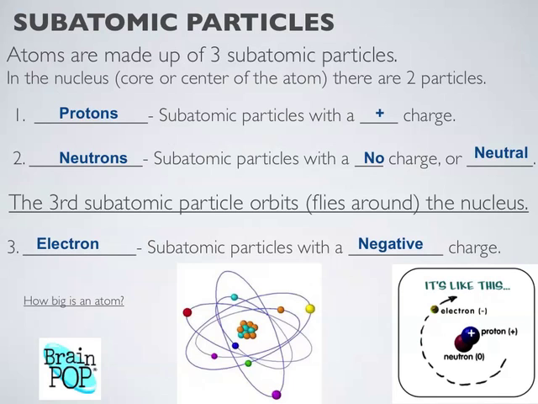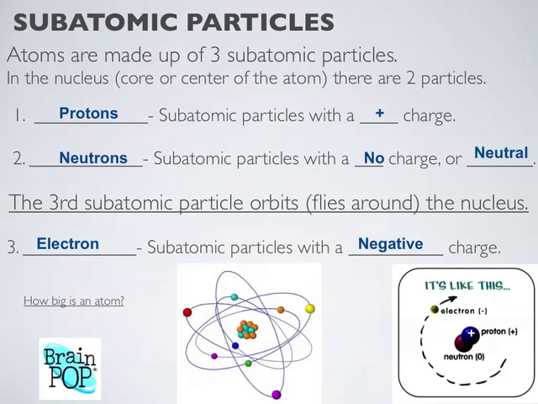All right, so here we have the nucleus of an atom, protons and neutrons, with the electrons around the outside. Here again, this is a hydrogen atom. We have a proton, we have a neutron, and then an electron flying around the outside.